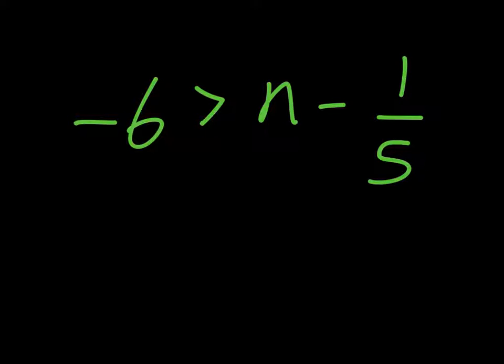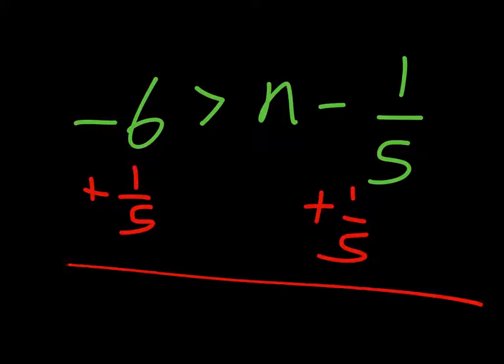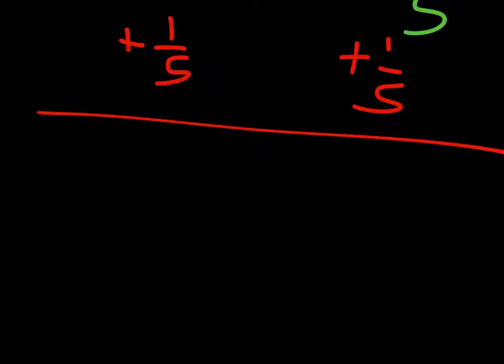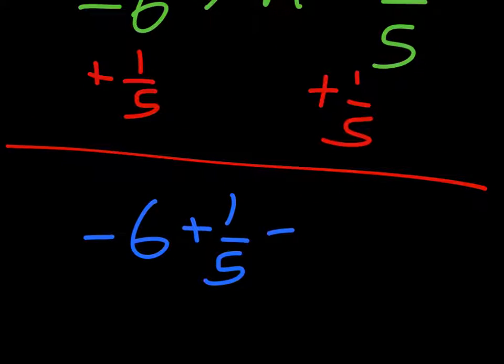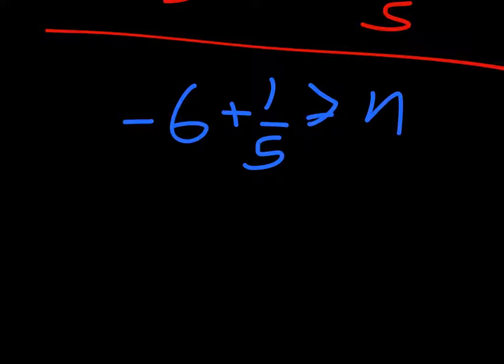Let's say we have, let's do a hard one. Negative 6 is greater than n minus a fifth. Alrighty. Add a fifth to both sides. Now we have negative 6 plus a fifth is greater than n. So we have to have the denominator the same as we always do. 6 times 5 gives us 30.